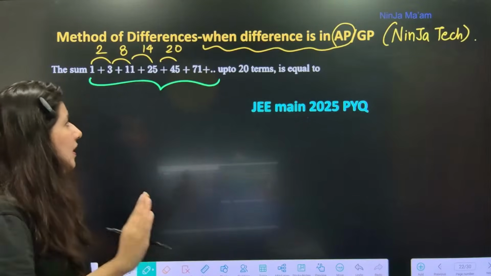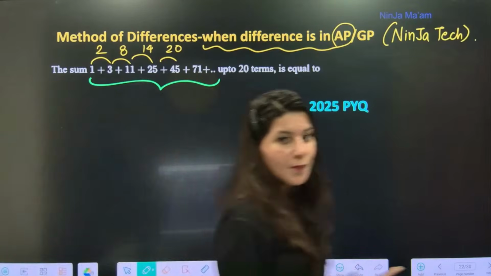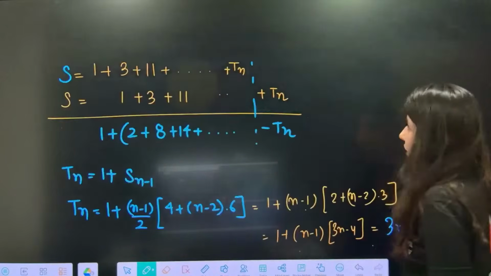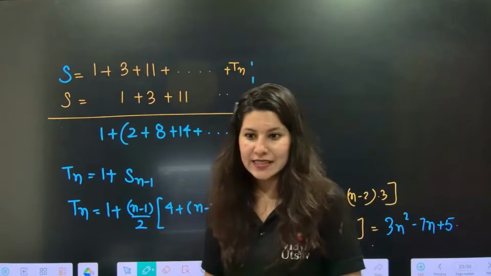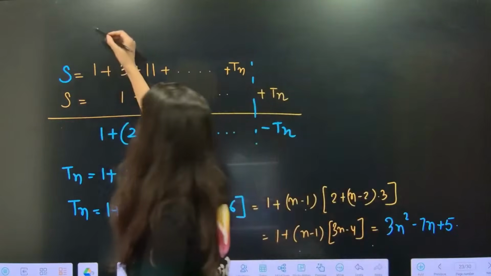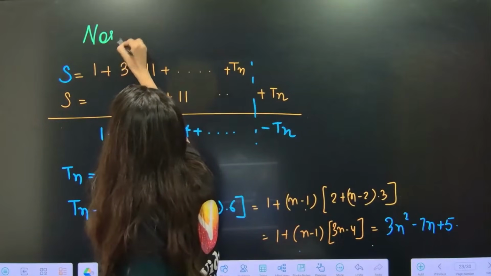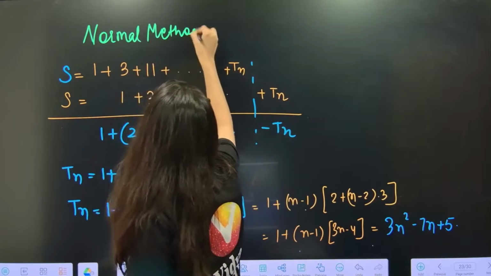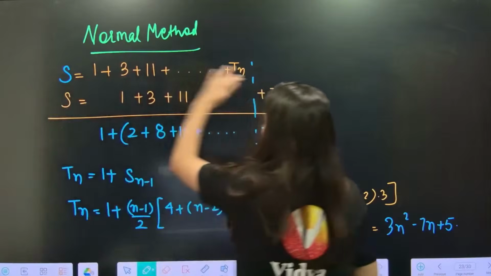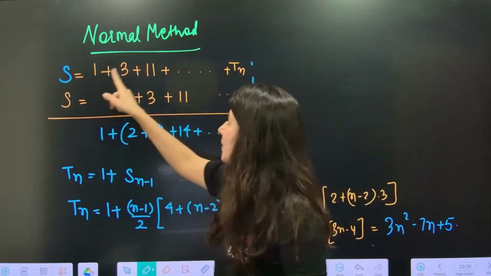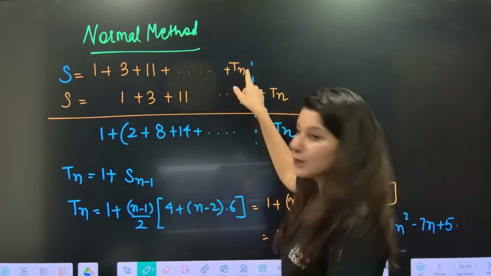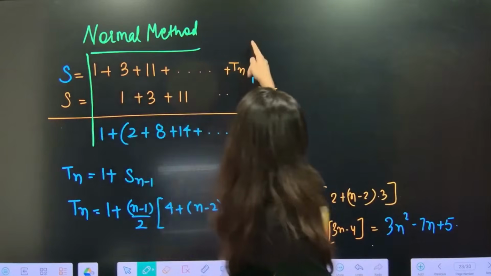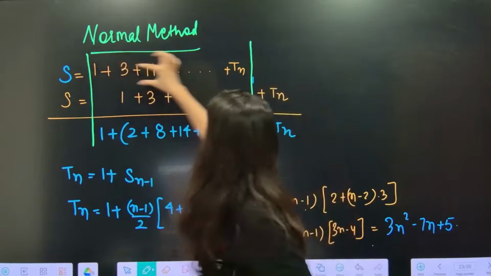So what is the technique? What is the approach? The traditional approach. Let's learn the traditional approach first. Okay, ma'am. The traditional approach, the normal method, says just write down the sum: S is equal to 1 plus 3 plus 11 and all the way up to Tn. So from here to here, n terms are there.